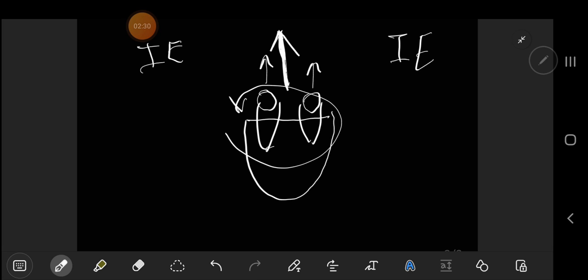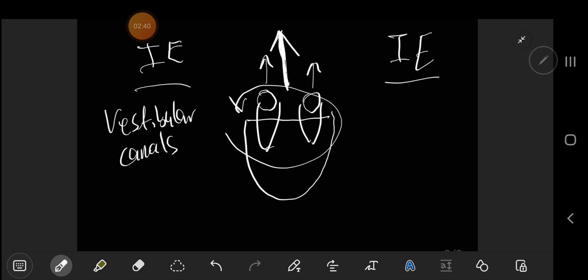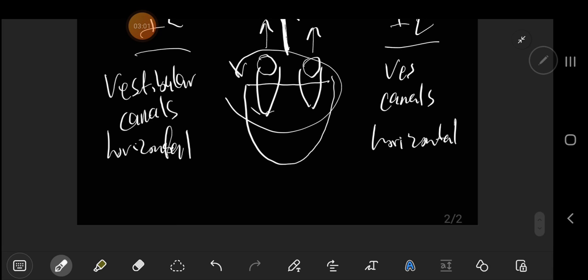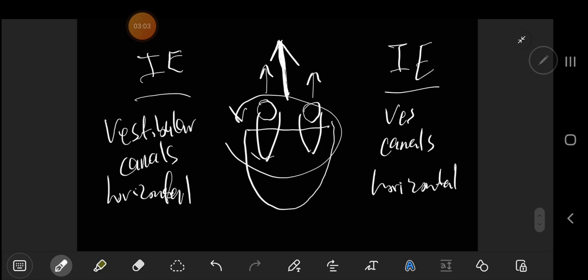What will happen is that the inner ear, especially the vestibular system, the semicircular canals in both sides, will be activated, and specifically because we are doing horizontal rotation, the horizontal semicircular canal in this case will be activated. It can also move, for example, from up to down, but let's make it simple. Let's talk about the horizontal rotation.